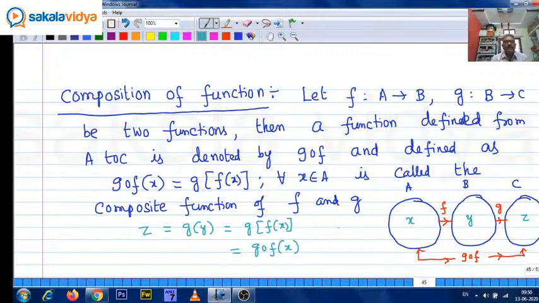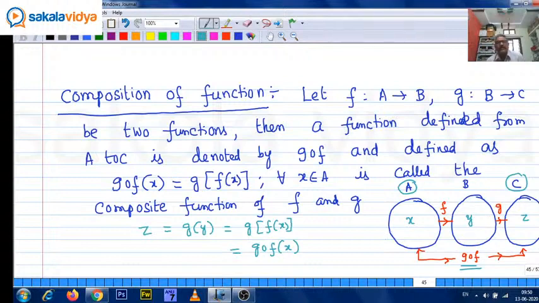One more important point to remember. What is the domain of g circle f? Domain of g circle f is A. Next, the range of g circle f is C. That means the domain of g circle f is equal to the domain of f, and the range of g circle f is equal to the range of g. You must remember that.